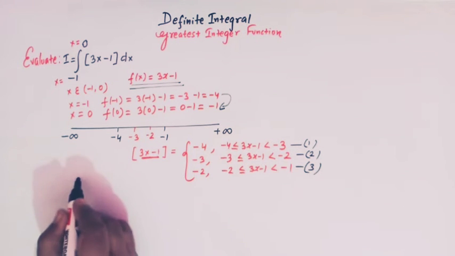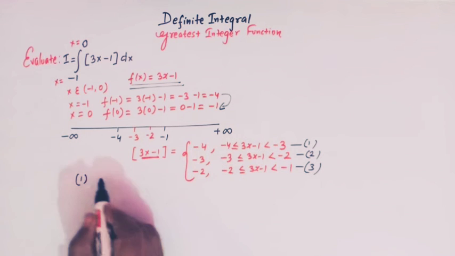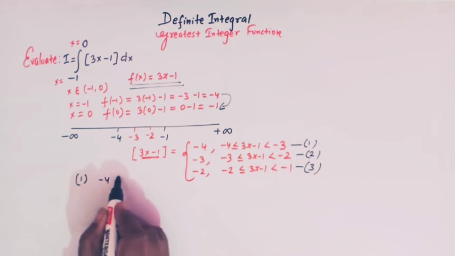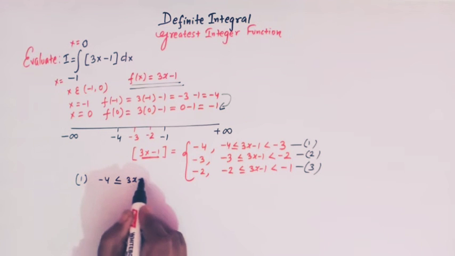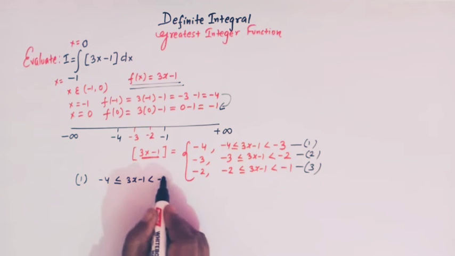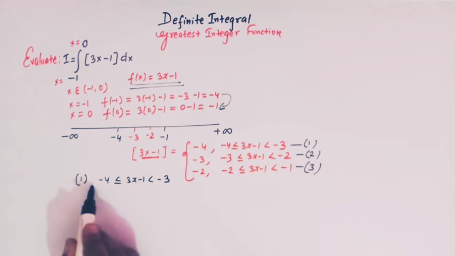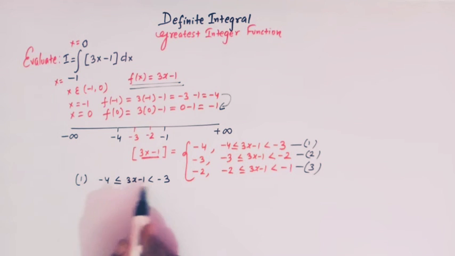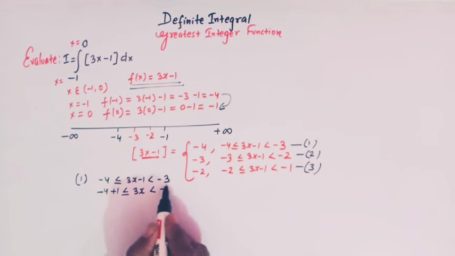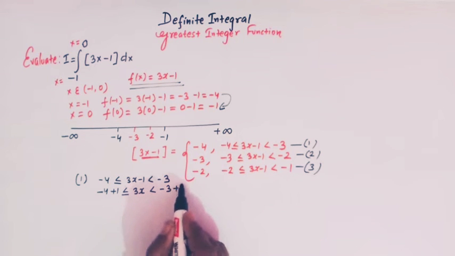Now let us take the first one. Here we have minus 4 less than or equal to 3x minus 1 less than minus 3. Adding 1 throughout, we have minus 4 plus 1, and we have 3x because minus 1 and plus 1 get cancelled, and here we have minus 3 plus 1.